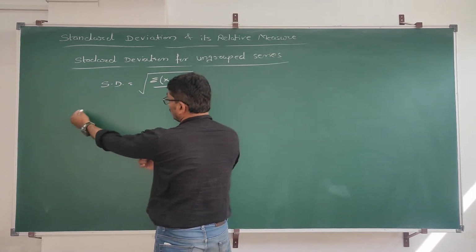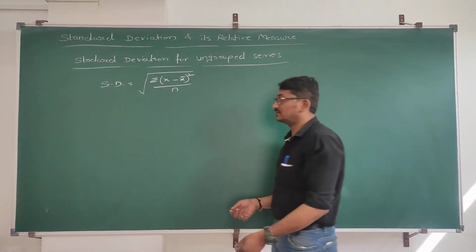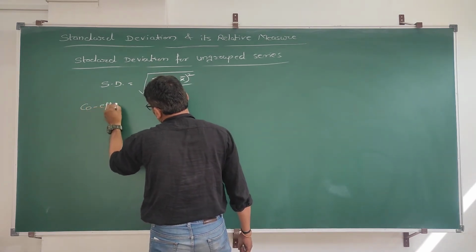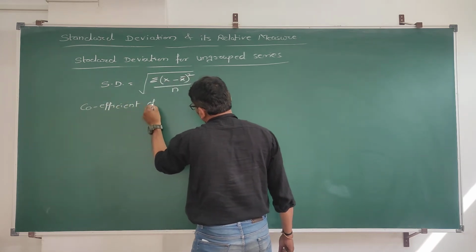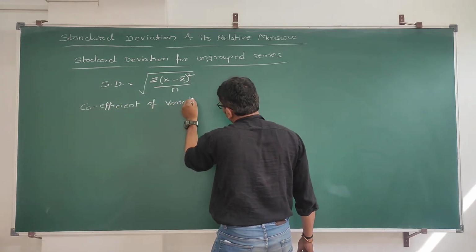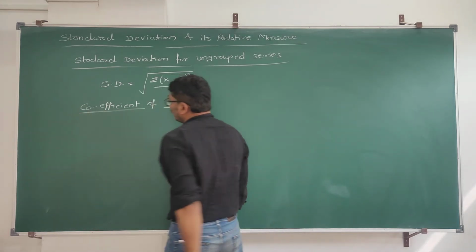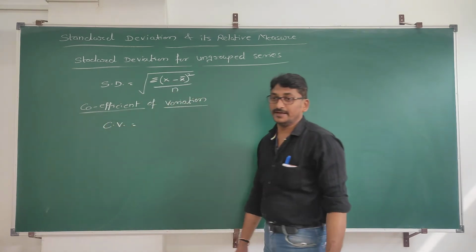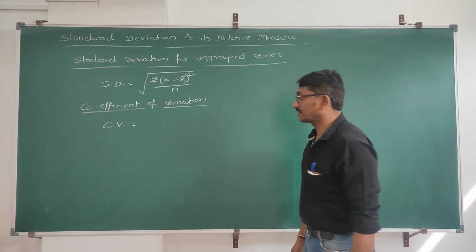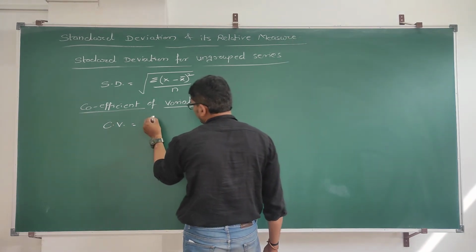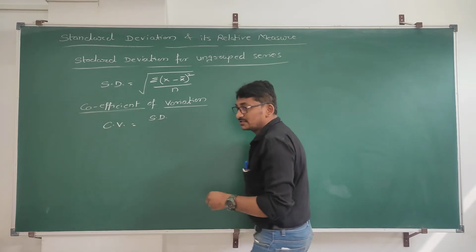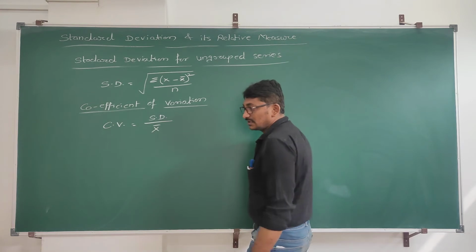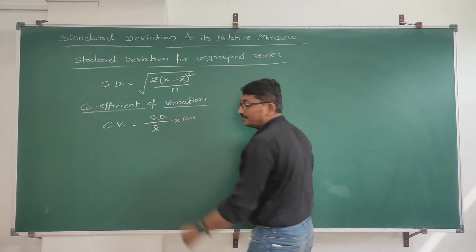Formula of coefficient of variation. Coefficient of variation is always denoted by CV, which is equal to SD, standard deviation, divided by x bar, x bar means mean, into 100.